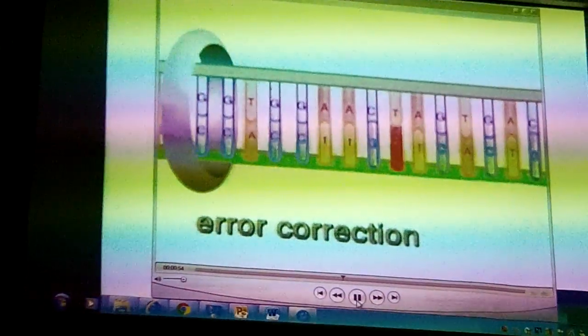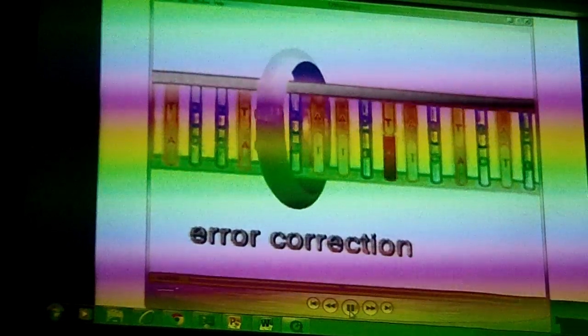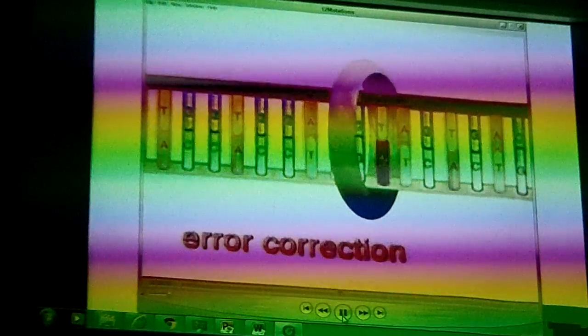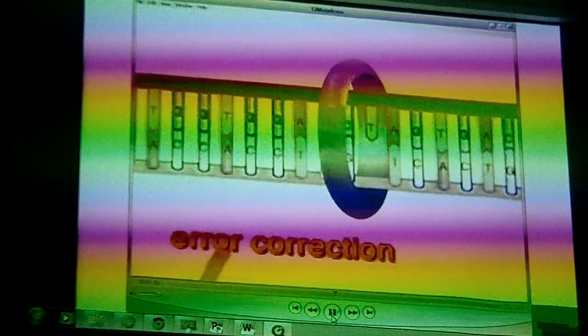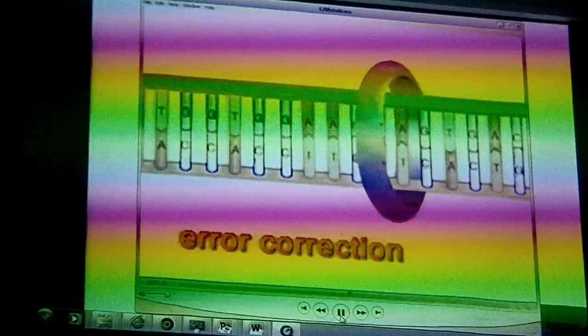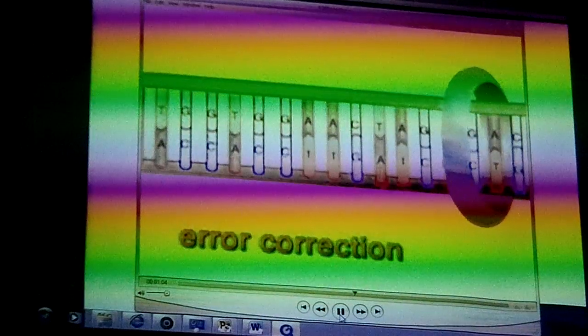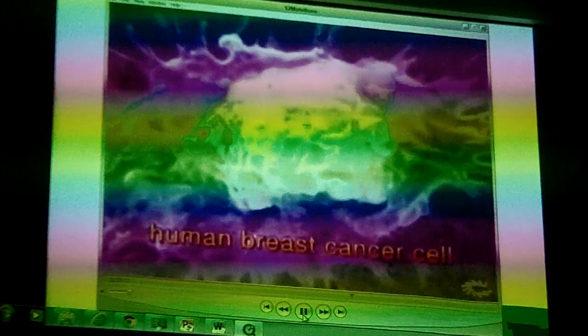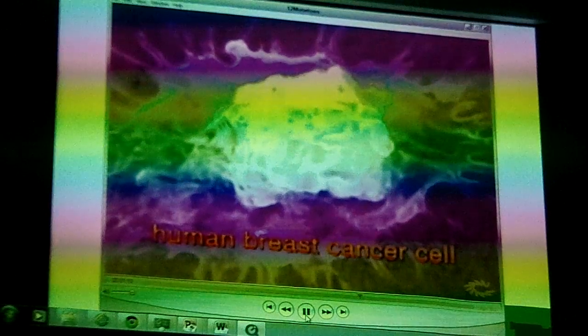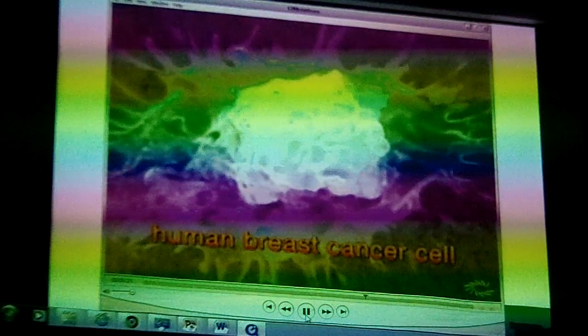Cells have ways of correcting errors. A type of proofreading function scans the DNA and corrects any base pairing mismatches by removing the improper nucleotide and replacing it with a proper one. Some mutations occur spontaneously, but others can occur as a result of exposure to physical or chemical agents. Cancer is a mutation of the cell mechanism that regulates cell growth.